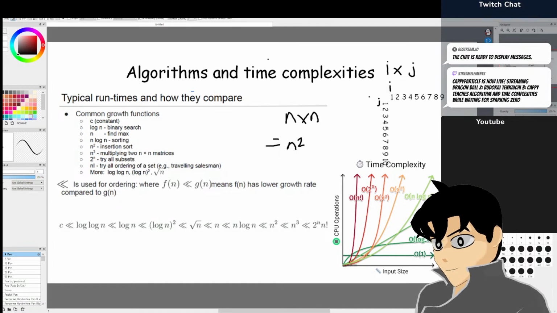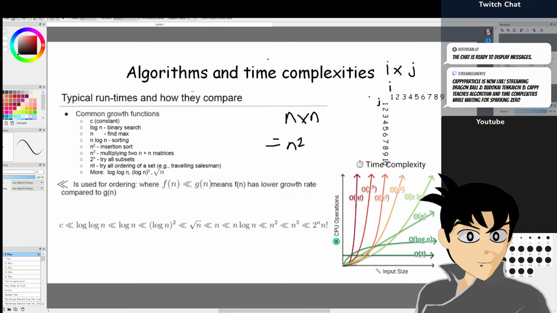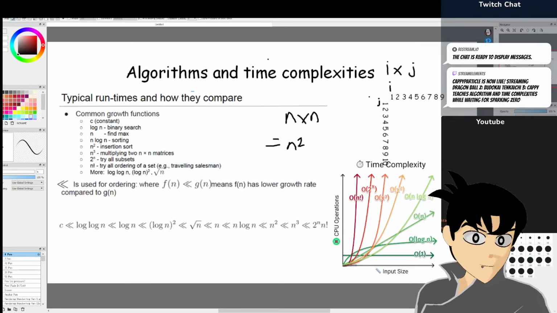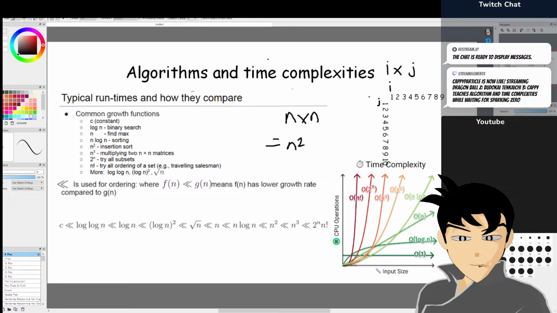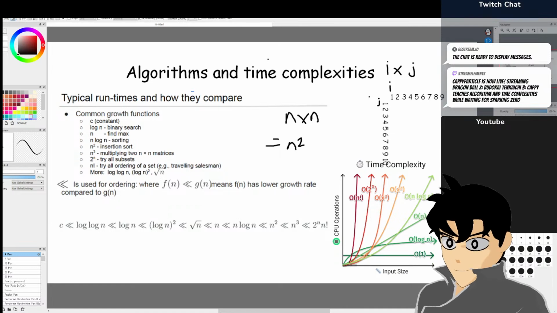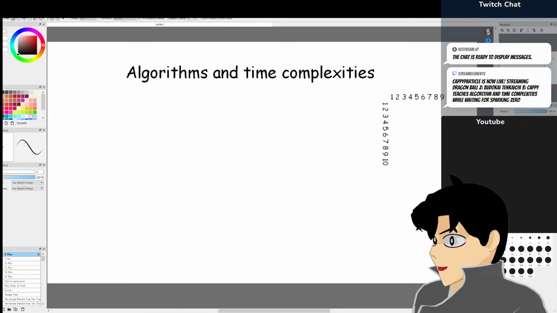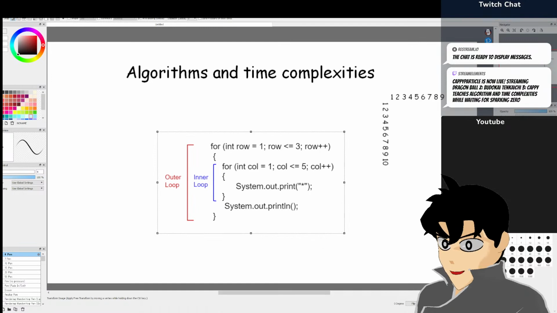So the thing I had before, let me go pull up a nested for loop for you. Okay, so yeah, here you can see a nested for loop.